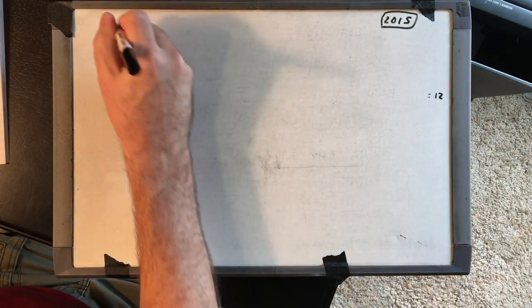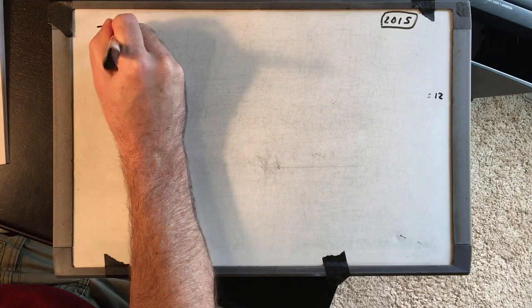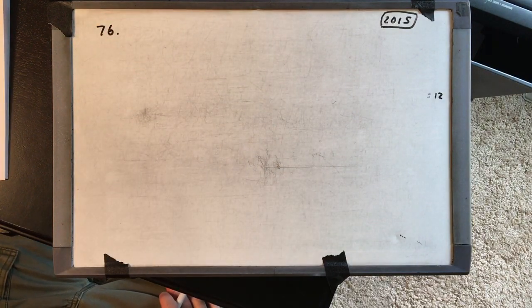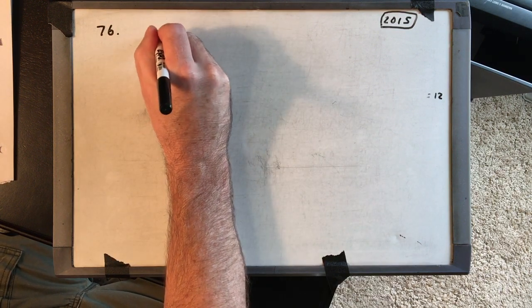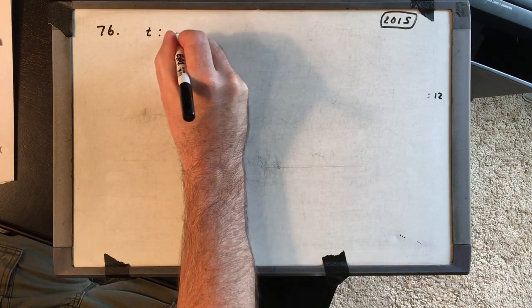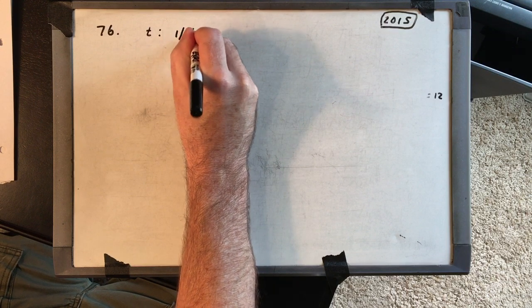Okay, number 76 says that the function p of t models the population of the world in billions of people per year, where t is the number of years since January 1st, 2010. So t starts at January 1st, 1/1/2010.